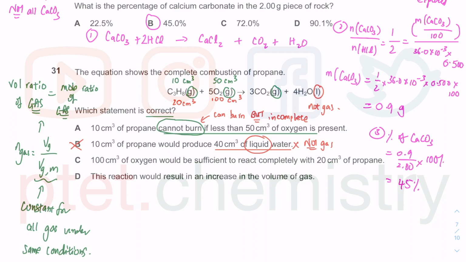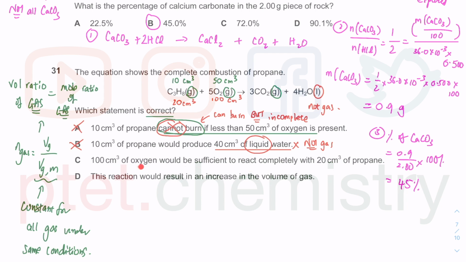So 50 cm cube is required for complete combustion of 10 cm cube of C3H8, propane, there. This is a tricky question. They say cannot burn. Cannot is actually wrong. It can burn, but it will be incomplete, meaning they might not just form carbon dioxide. Oh my god, I was so tricked there. Anyway, doesn't matter. I found the correct answer by going through the other one anyway.